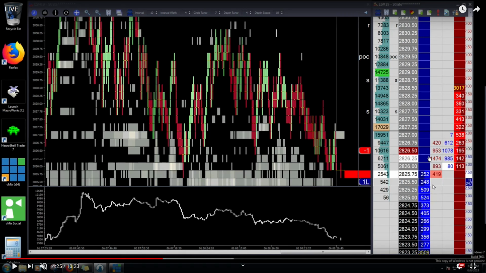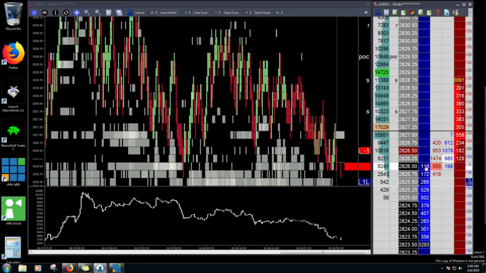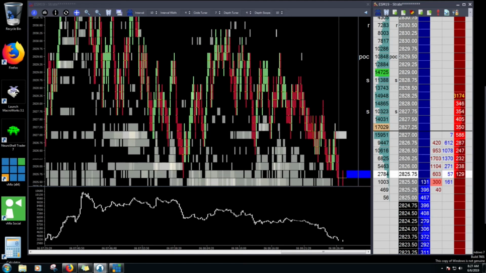Buyers definitely want to hold this level. And at this point, usually I would just take the money off the table, 2 ticks, 3 ticks out of it. But I'm willing to risk a scratch for a 4-tick win. And that's what that was.